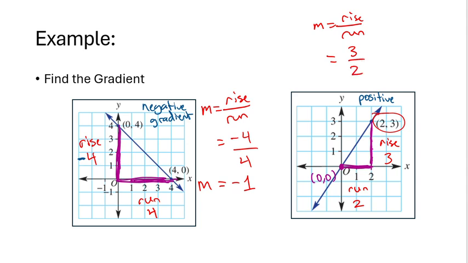So this equals 3 over 2. Now, just remember, if you're given fractions in any way, simplify them as much as you can. But if you can't simplify it, just leave it as it is, okay? This is one of those scenarios where you just have to leave it as it is because you can't divide 3 by 2. You can't simplify that in any way.